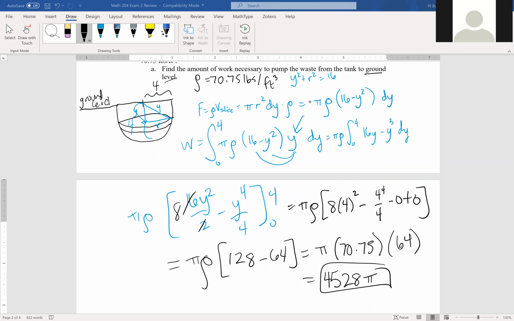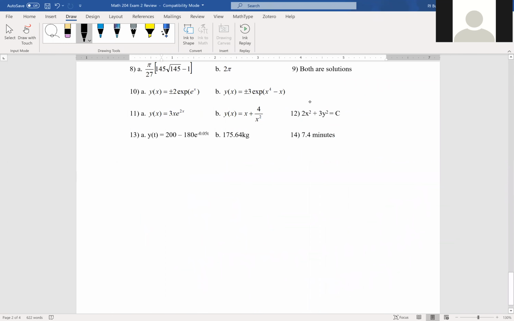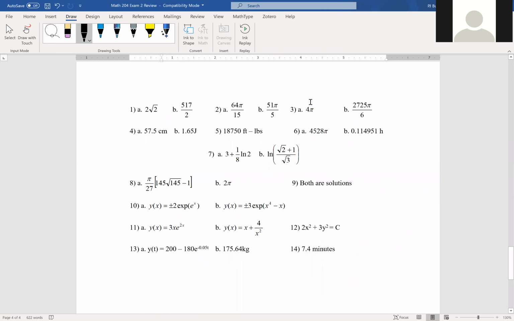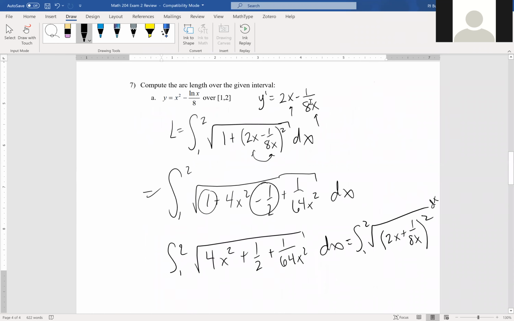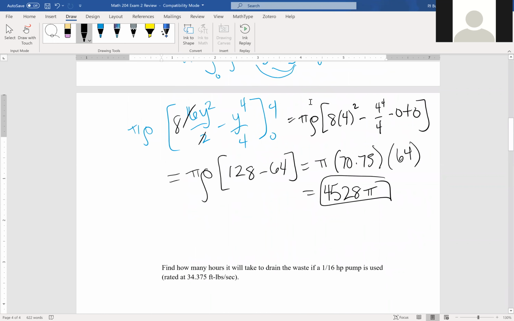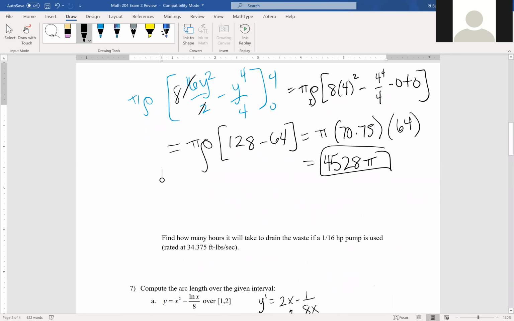It's like 14,225. That's what I had down here. Yep, 4,528 pi. And then for the last part, you just divide that number by 34.375. So that's not hard.